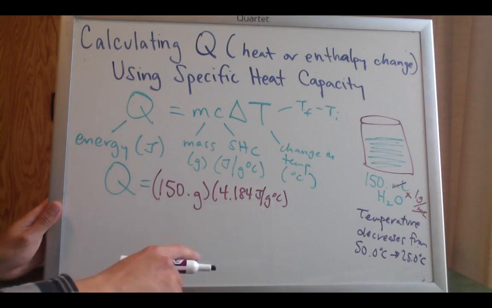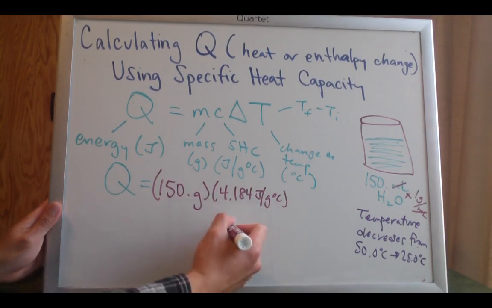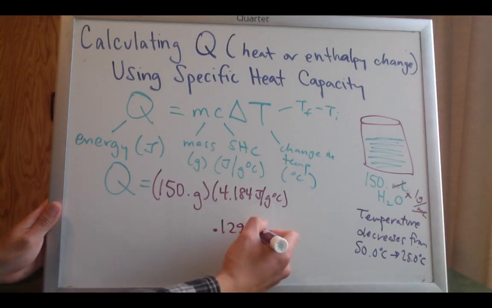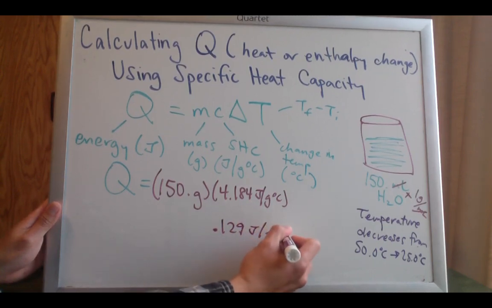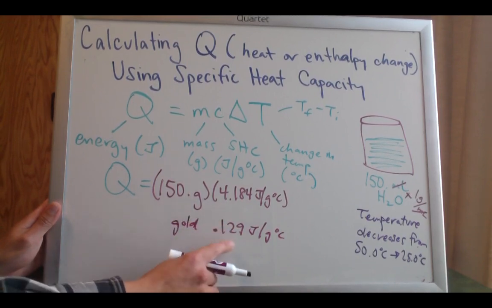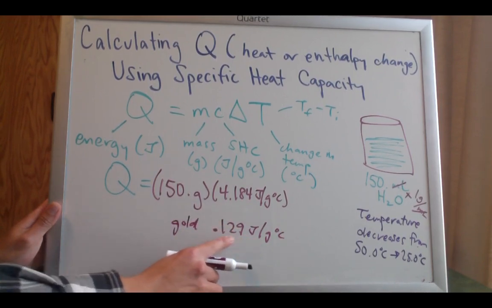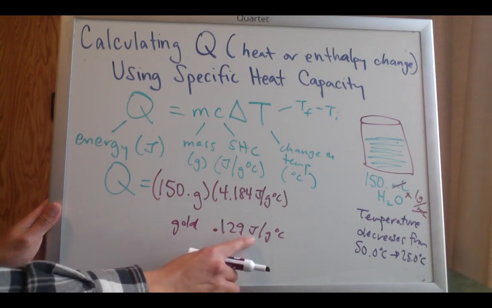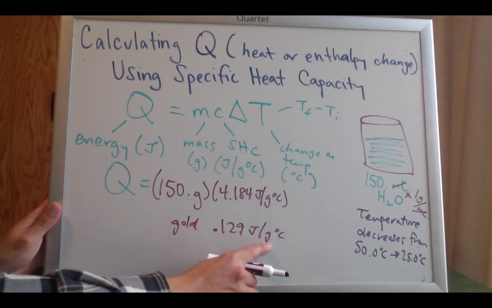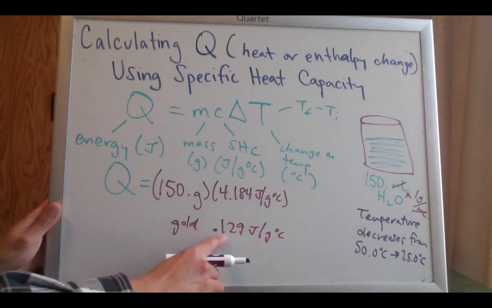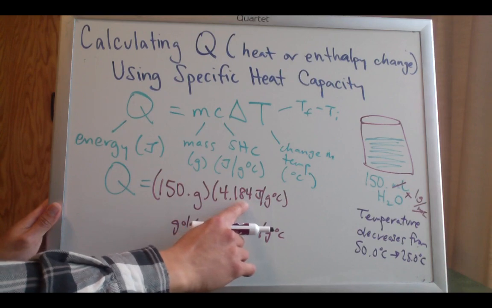So to put that in perspective, gold has a specific heat capacity of 0.129 joules per gram degree Celsius. And so for gold, like a lot of other metals, they have a relatively low specific heat capacity. It takes only 0.129 joules to raise 1 gram of gold by 1 degree Celsius. So to heat it up, it takes far less than it does for water.